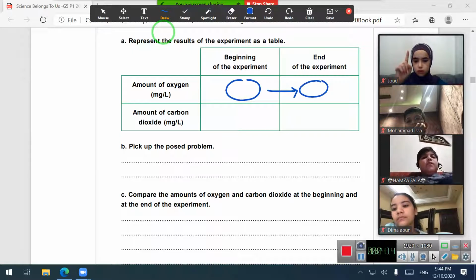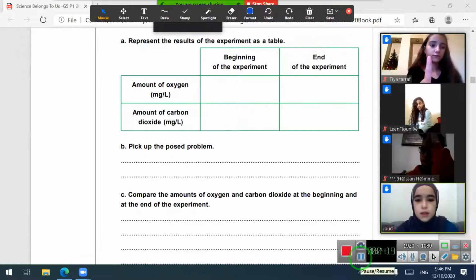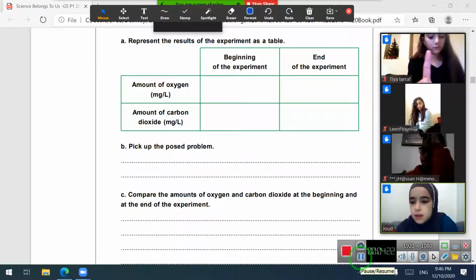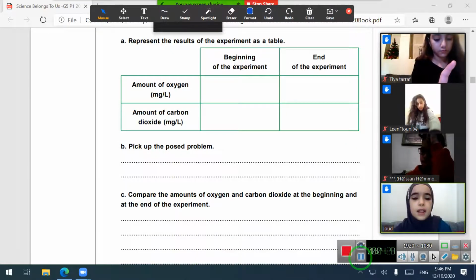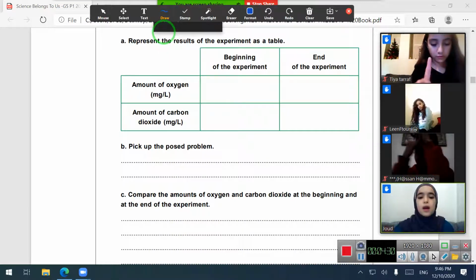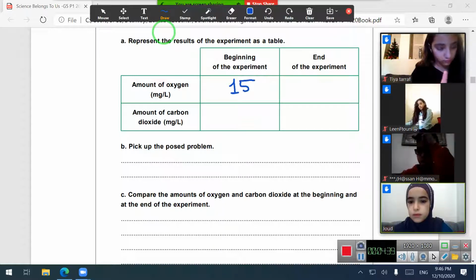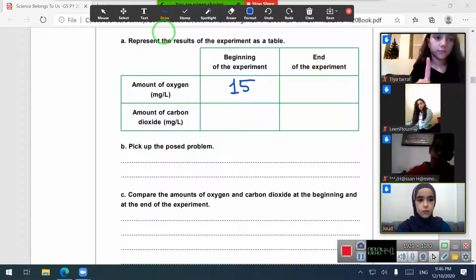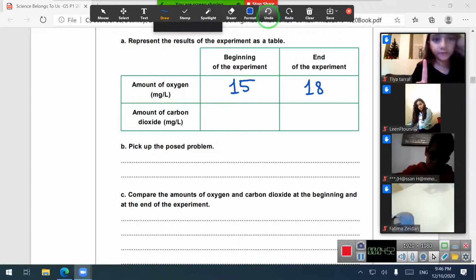At the beginning of the experiment, the amount of oxygen was 15 milligram per liter. Excellent. How does it become at the end? At the end becomes 18 milligram per liter. Excellent.